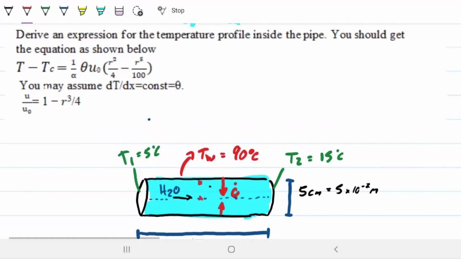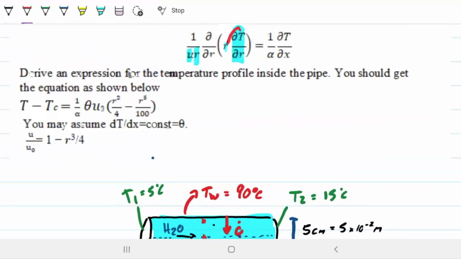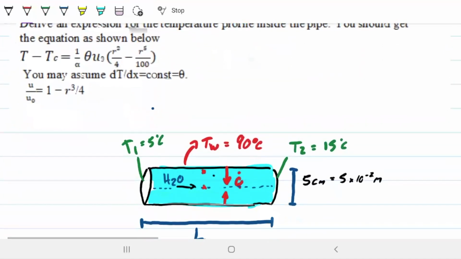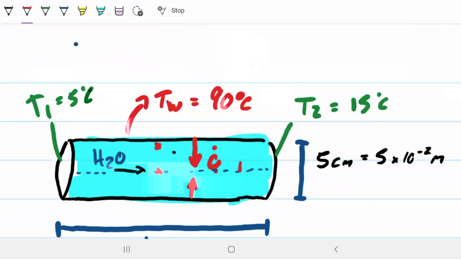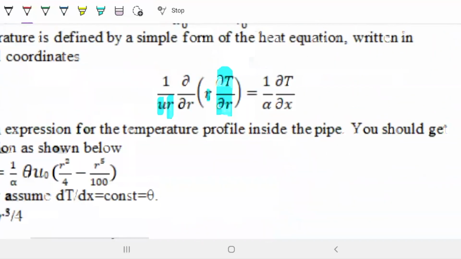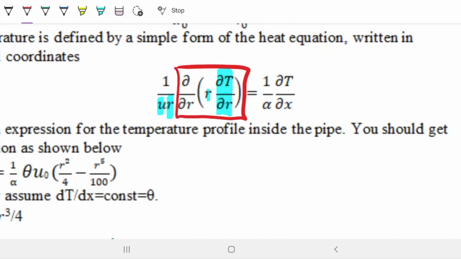So that term is telling us how the temperature varies as we go along the radius. If I increase my radius, how is my temperature changing? But we're also amplifying that rate by the radius. So the greater the radius, the bigger that effect is, the smaller the radius, the smaller the effect. And we're seeing how that amplified change in temperature with respect to radius is varying with radius.